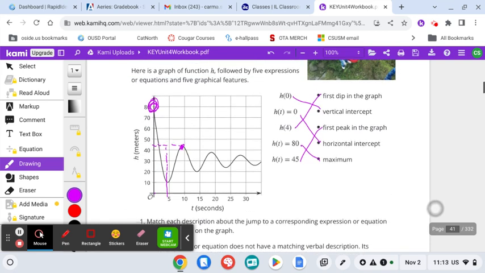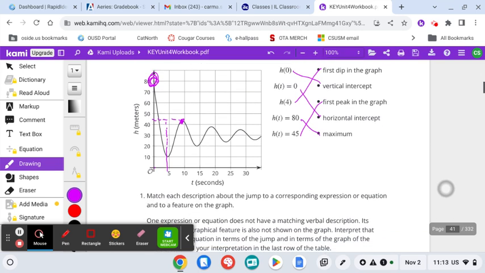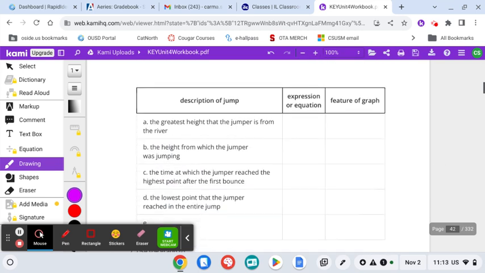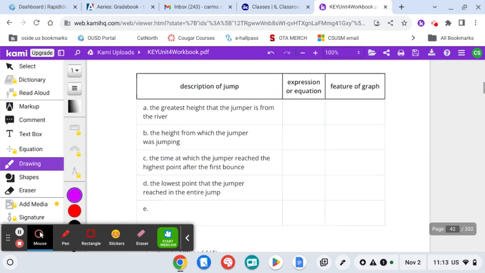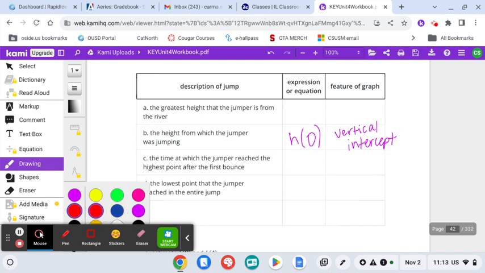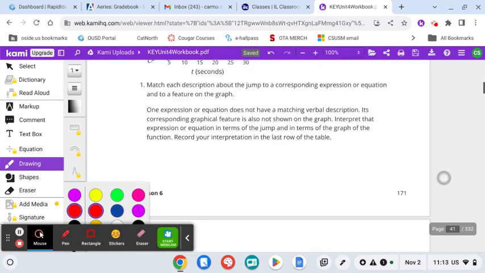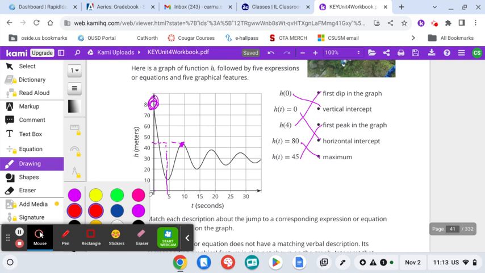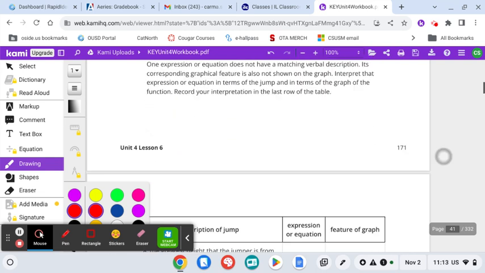So our vertical intercept, h of 0, is our height from which the jumper was jumping. All right, the greatest height the jumper is from the river is our max.